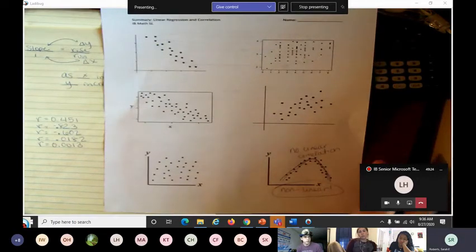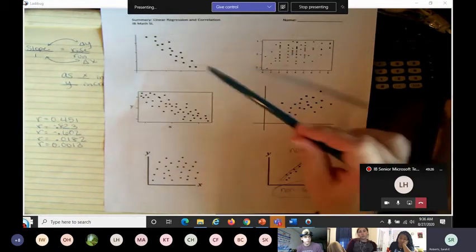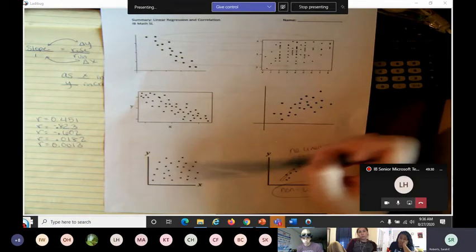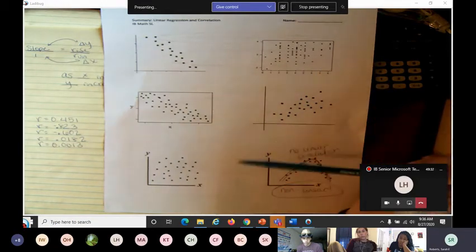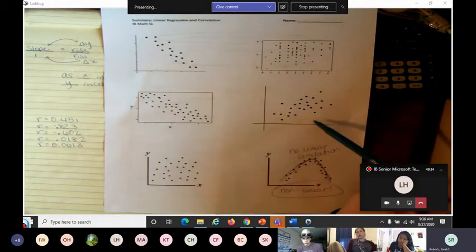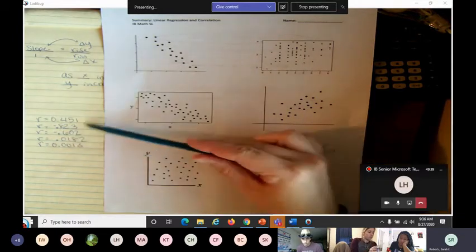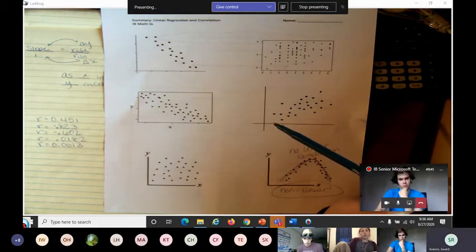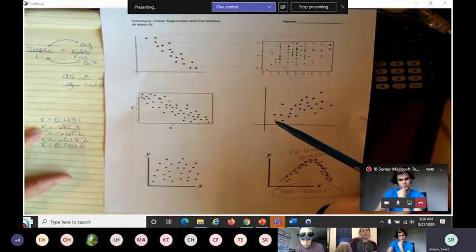Now, of these values, it looks like this one's pretty strong. This one's like moderate. These two don't really look like they have much. And this one's okay, but they're pretty scattered. So what's our strongest correlation coefficient here? Negative 0.823. Yes, so this is our strongest one.